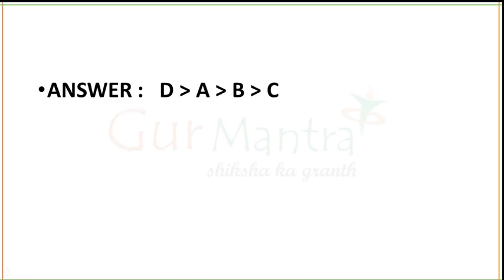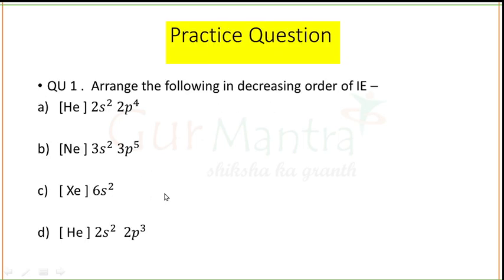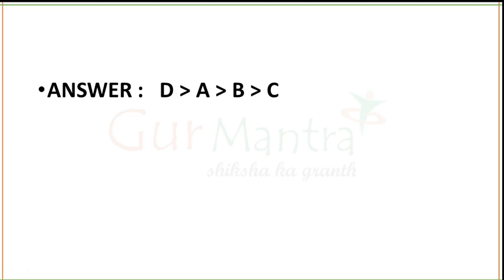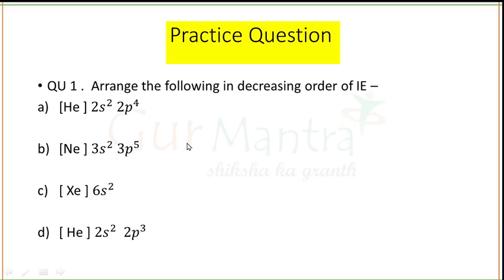So the order comes out to be this: the value of D is much greater than A, then B, and then C. As you can see here, 2p3 is the half-filled condition, pseudo-noble gas configuration, but still the ionization enthalpy for D is maximum because He 2s2 2p3 has the least atomic number, while xenon 6s2 has the maximum atomic number, and this is talking about along the group.